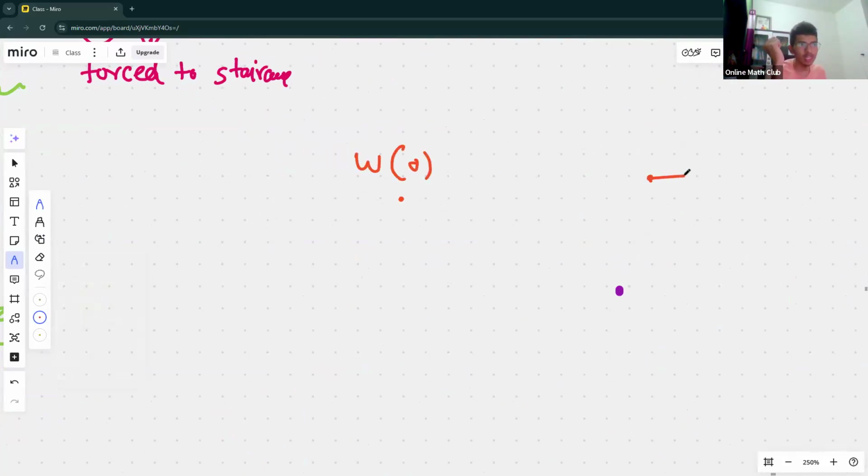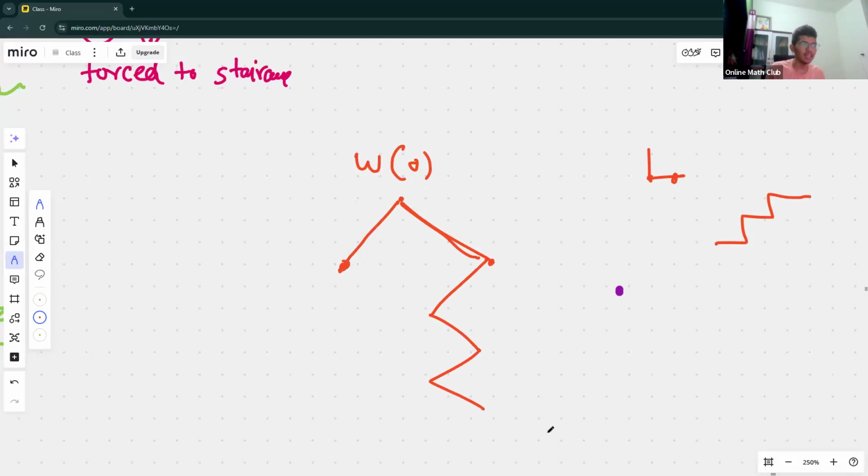If it goes left, we will go right. If it goes up, we will go left. So if you have something like this, what are we actually doing? We go right, up, right, up, right, and then again right.